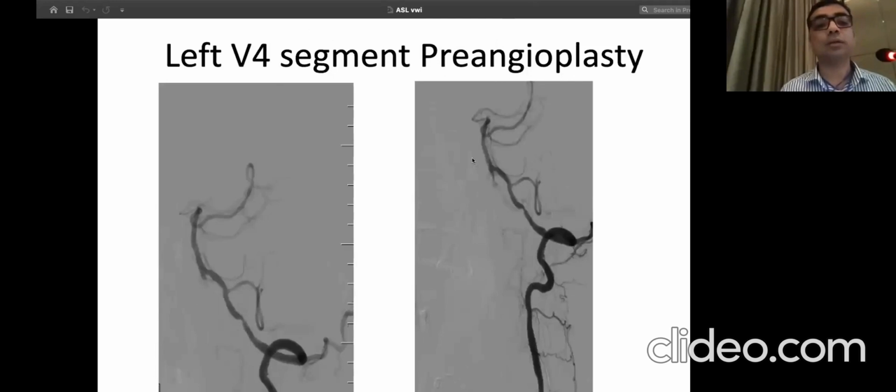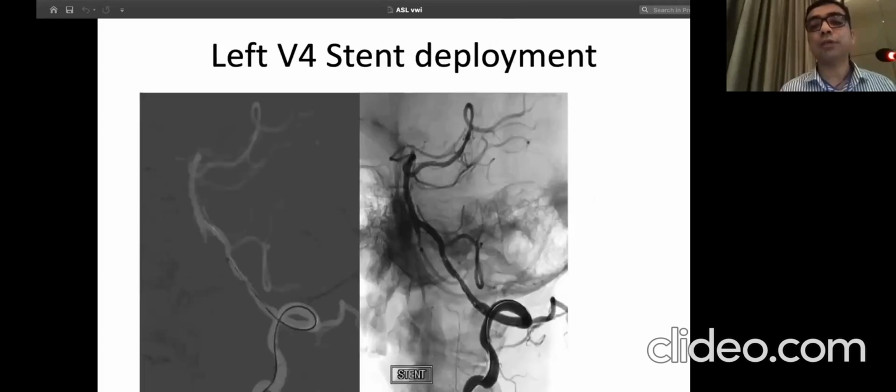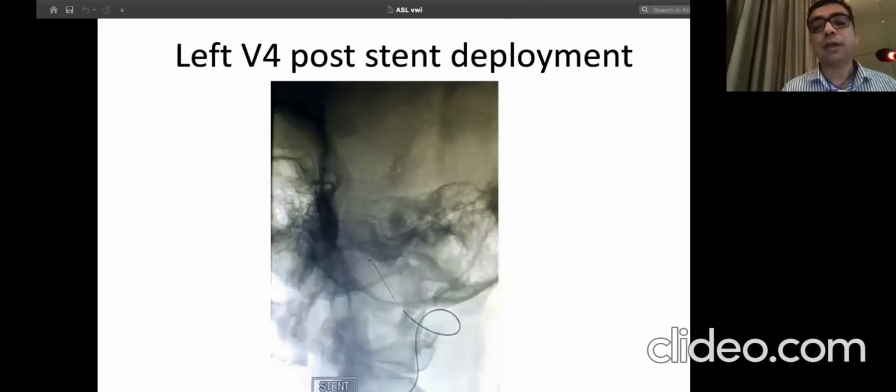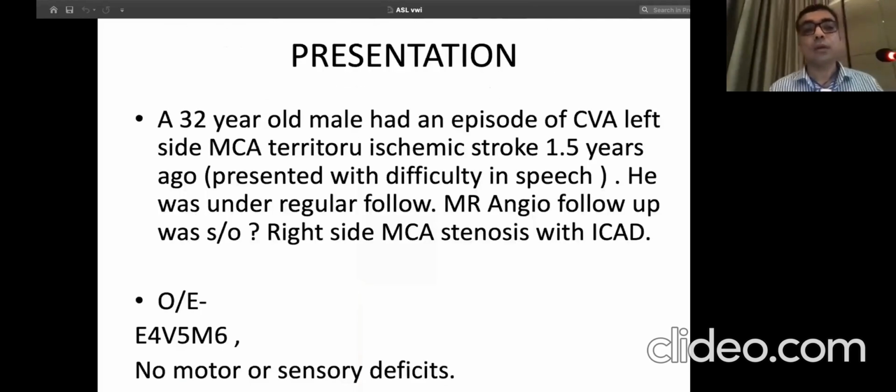This was the left V4 angioplasty, with the Enterprise placed above and a coronary stent placed below. So these two imaging sequences helped us find the real culprit.